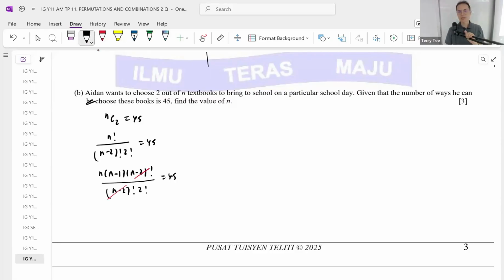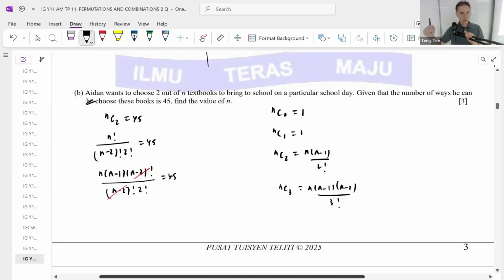I think I told you before, right? nC0 is just 1. nC1 is just n. nC2 looks like this: n times n minus 1, over 2 factorial. If I ask you nC3, you get n times n minus 1 times n minus 2, over 3 factorial. It just goes in descending order, then divide by the number of times it appears, the r here, factorial.